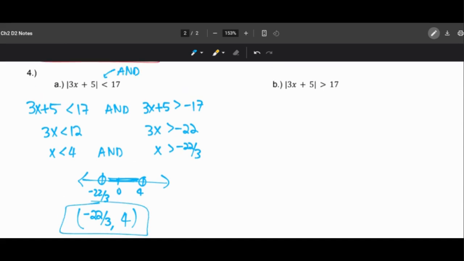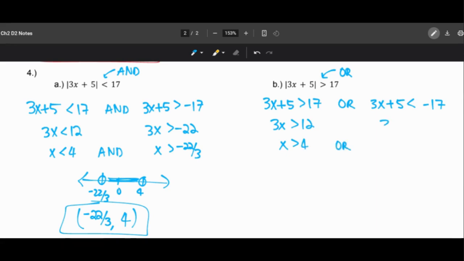All right, last problem is the same expression, except this is an or. So 3x plus 5 is greater than 17, or 3x plus 5 is less than negative 17. So if I subtract the 5, I get 12, divide by 3, I get 4, or subtract the 5, I get negative 22, divide by 3, I get x is less than negative 22 over 3.